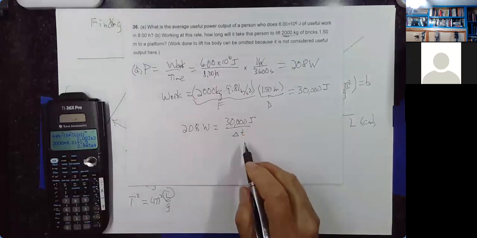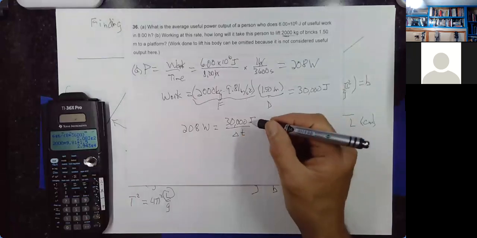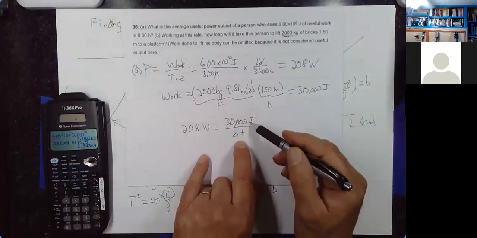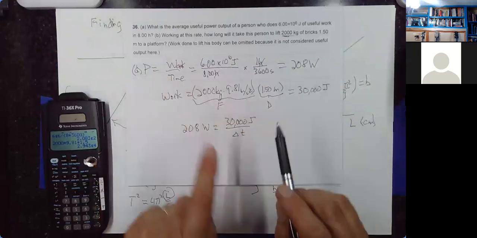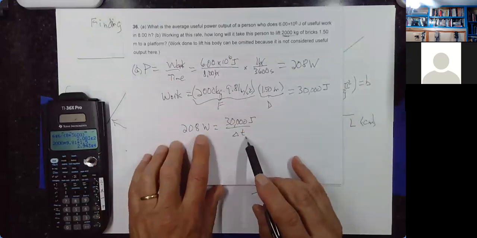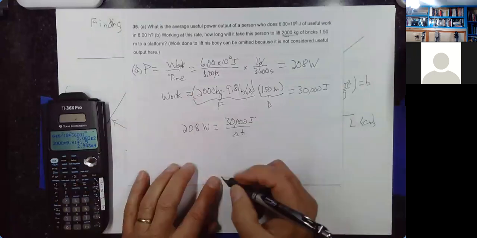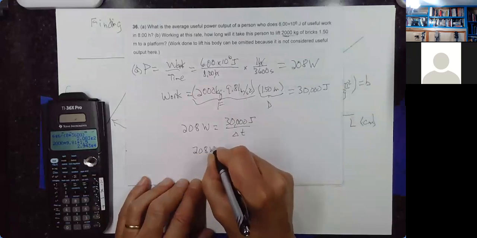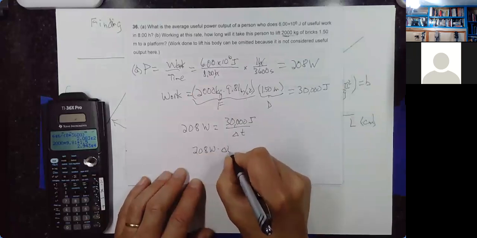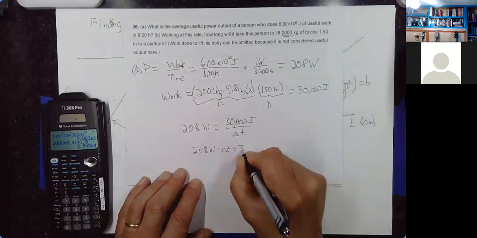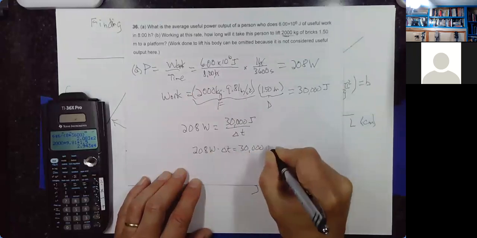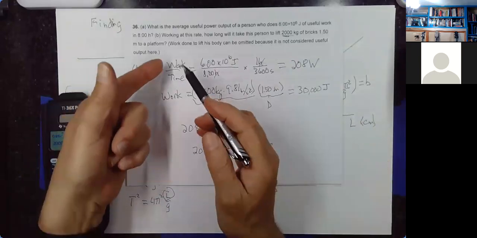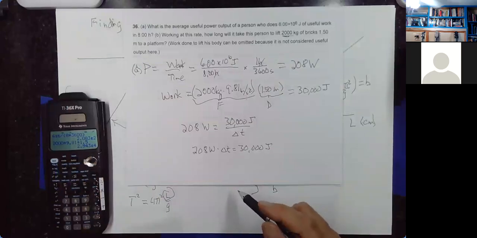And I'm just going to call that time delta T. This would be a work divided by time, and we want to have this rate of work be the same as the rate of work that they did up here. So the thing I don't know is delta T. So multiply both sides by delta T, and I'll get 208 watts times delta T is equal to 30,000 joules. So it helps to keep thinking of work over time as being what power happens to be.